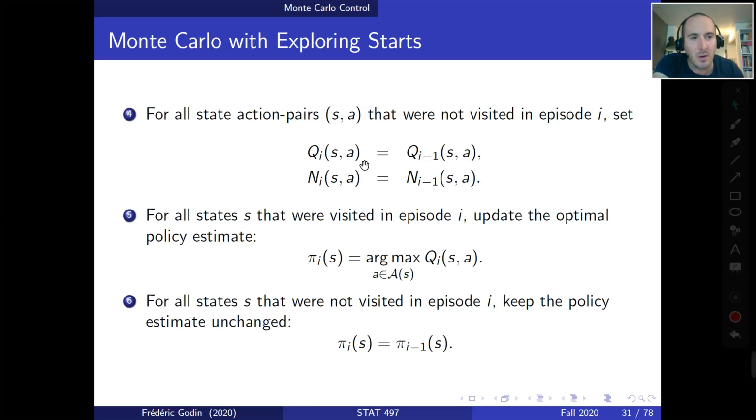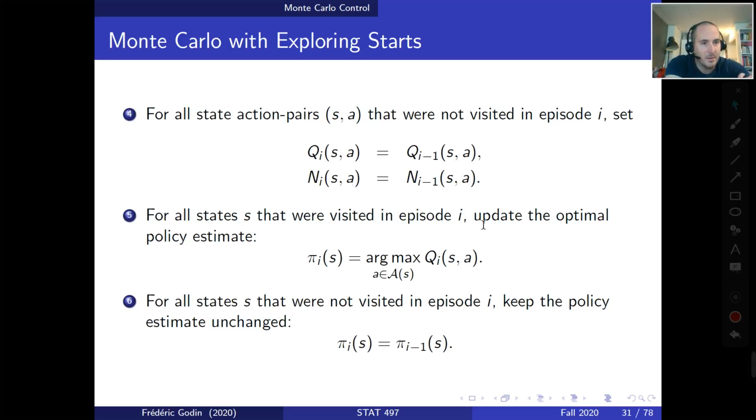Then a quick note. For all state action pairs (s,a) that were not visited in episode i, the estimate of the action value function remains the same as before the episode was generated, and the number of times the state action pair (s,a) was sampled within the average also remains the same.